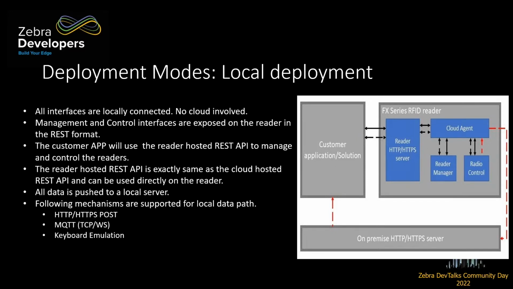We do support, when there is a local deployment, a third data endpoint, which is called keyboard emulation. In this case, instead of sending the data over to an MQTT broker or an HTTP server using TCP/IP, if you connect the reader to a USB host of, say, a laptop or any other computer, then the reader will act like a keyboard, and it'll start sending data as keystrokes into the connected host.